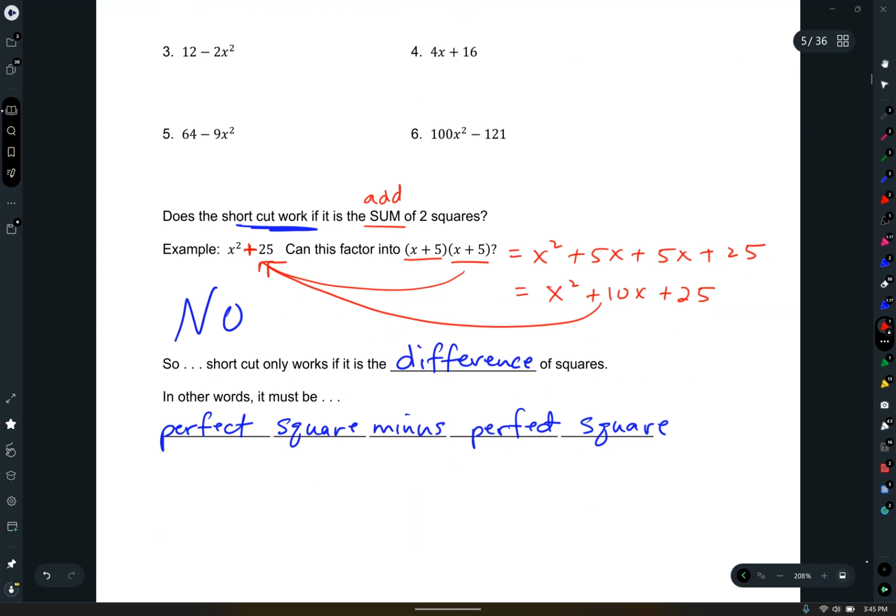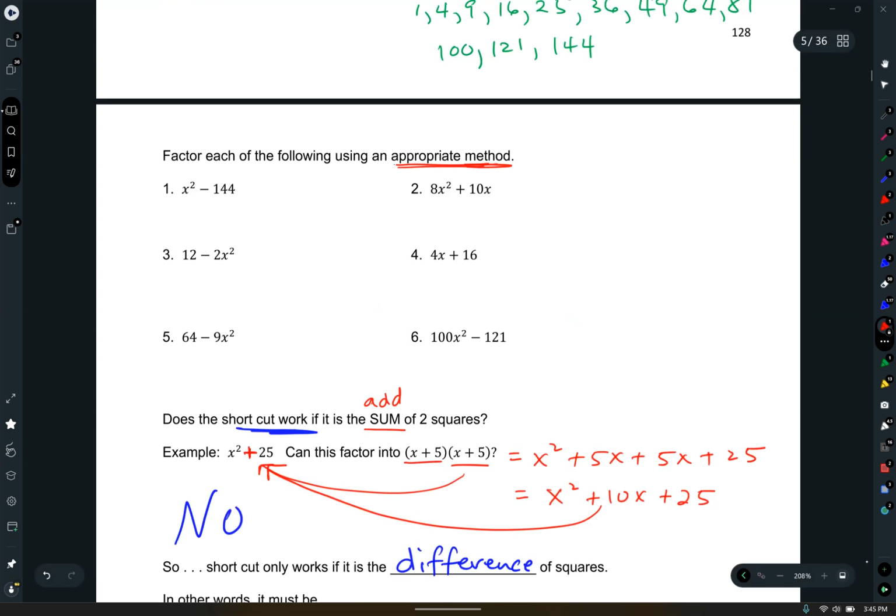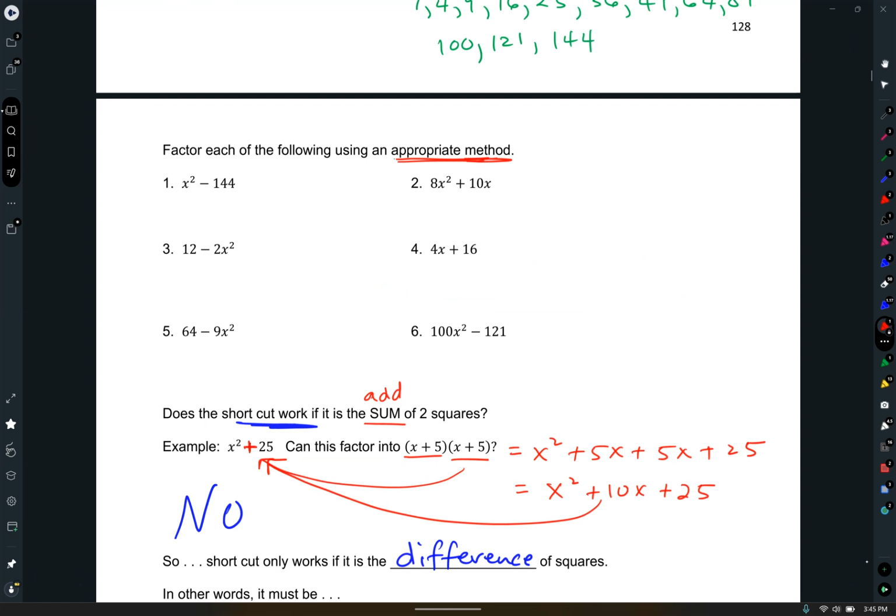Well, first thing I'm going to say is it's not difference of squares if it's not subtraction. So immediately these cannot be difference of squares. They have to be common factor. All right, so let's do common factor on those. Let's see, on number 2, I think I'll take out a 2x. And that leaves me with 4x plus 5.